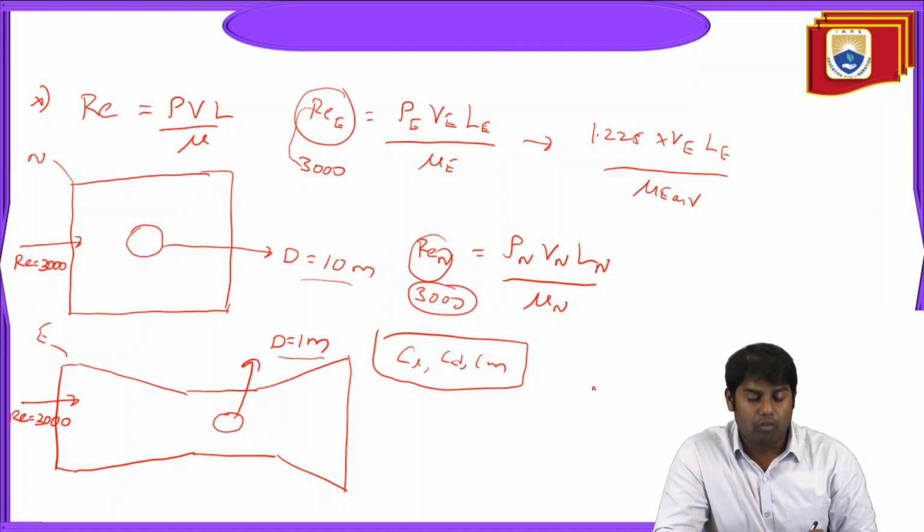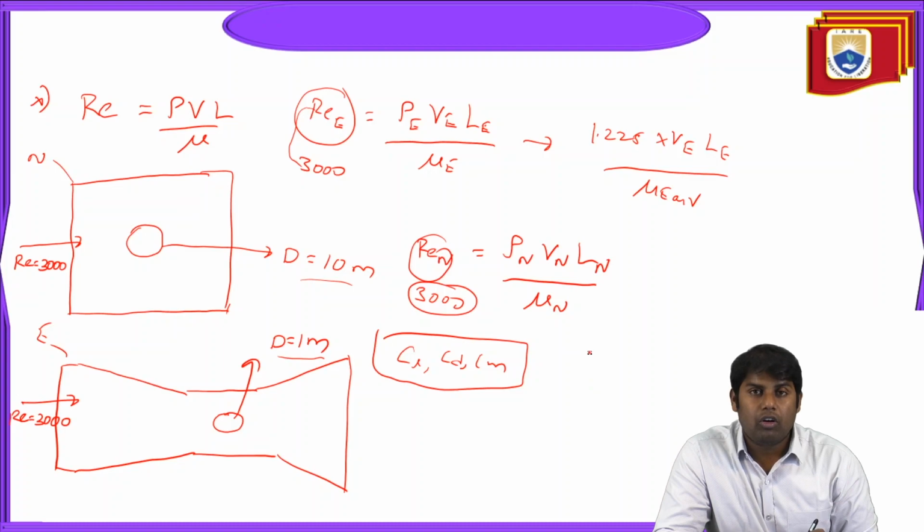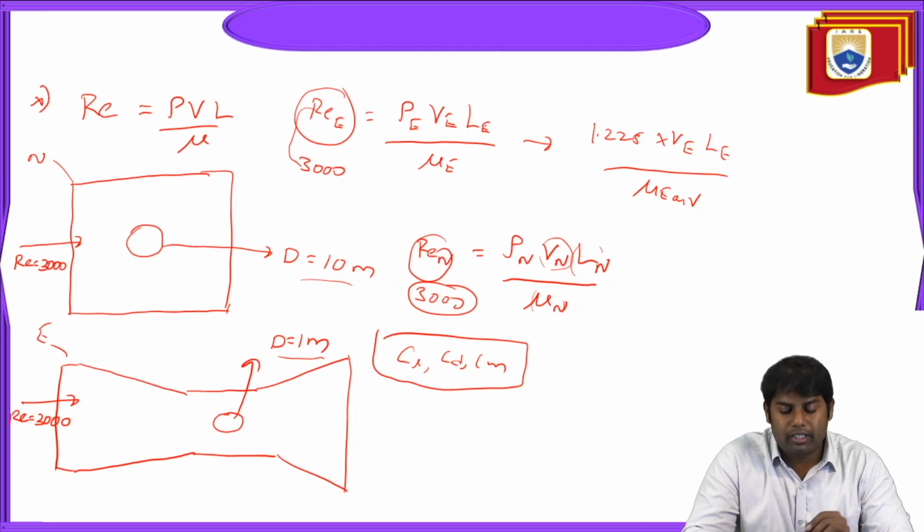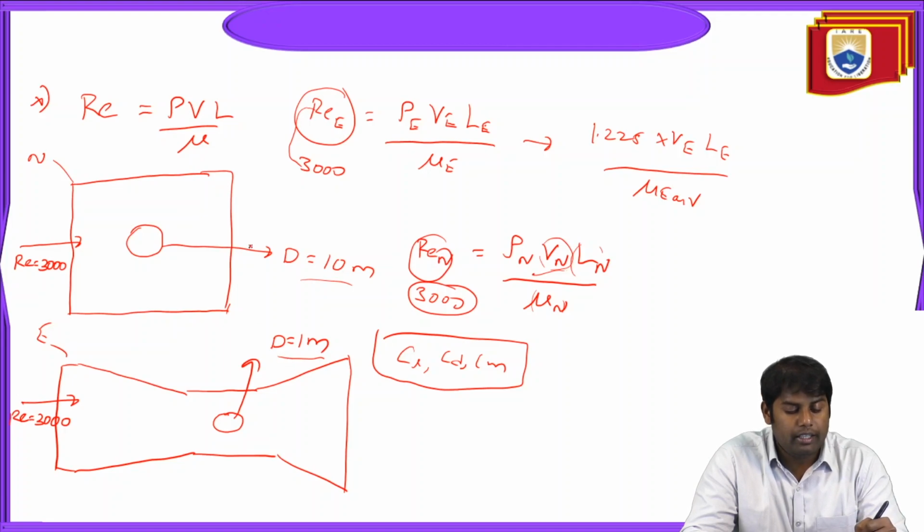Similarly, for water, the density is 1000 kg per meter cube, with the reference velocity of numerical and so on. What we do is change the velocity, since the reference diameter here is 1 meter and here it is 10 meters. The major thing is we will play with the reference length and the reference velocity so that it equals a Reynolds number of 3000.